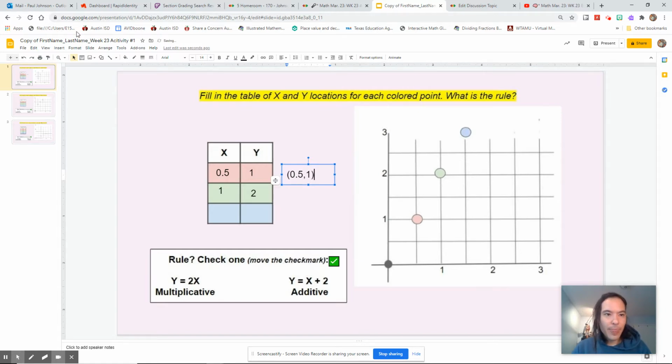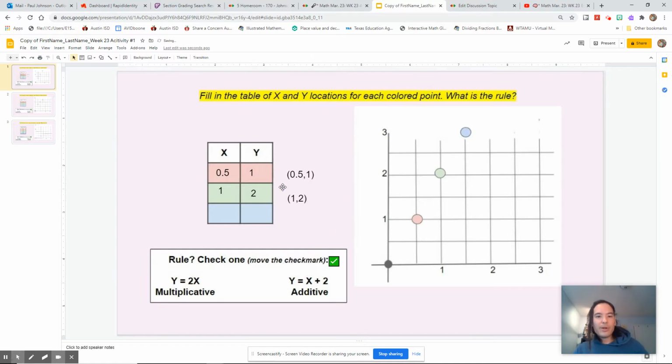That's an ordered pair. If you were just going to see this one, it would be parentheses 1, comma 2. So those are ordered pairs. Ordered pairs go on the table. You can graph ordered pairs. All right. And that's what we're doing. In fact, like if we wanted to label our points, you could label the point on the graph like that with the ordered pair, which is the location or the coordinates of where it is.